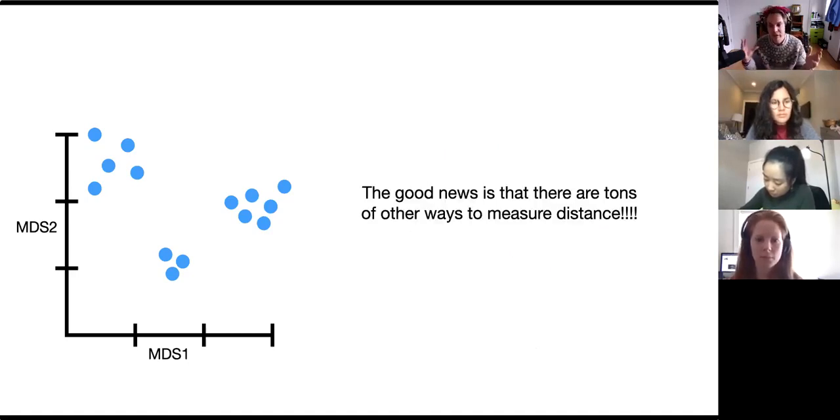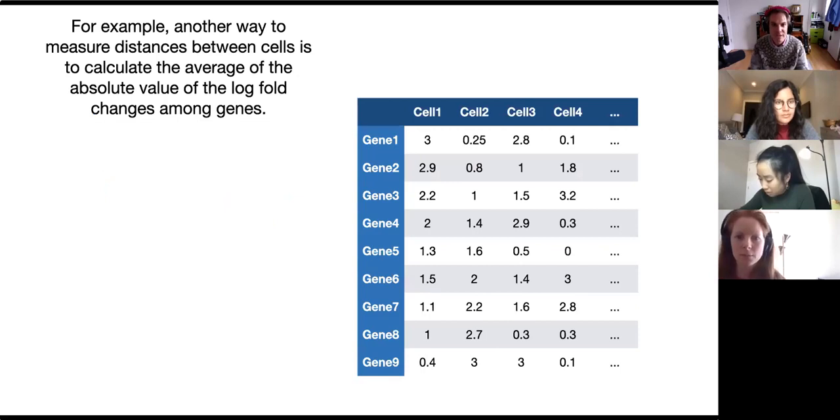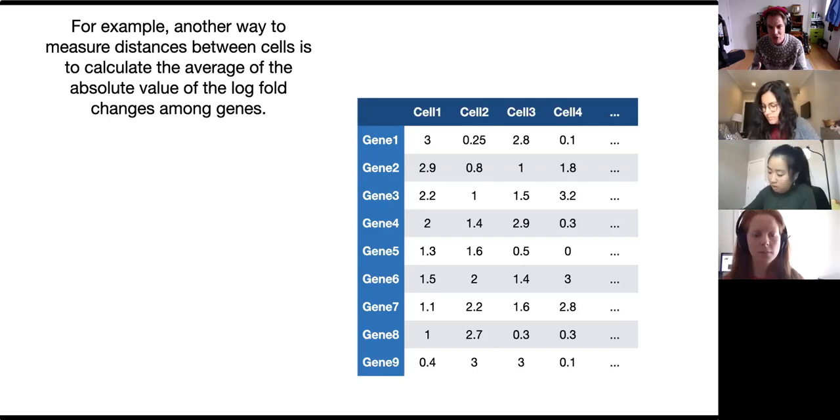The good news is that there are tons of other ways to measure distance. For example, another way to measure distances between cells is to calculate the average of the absolute value of the log-fold changes among genes. Unless you're a geneticist working with high-throughput data, this may sound completely bizarre, but if you work with genetics data, people are looking at log-fold changes all the time.